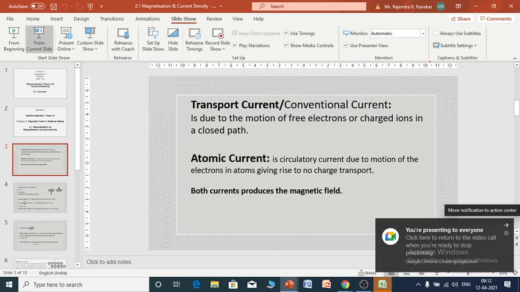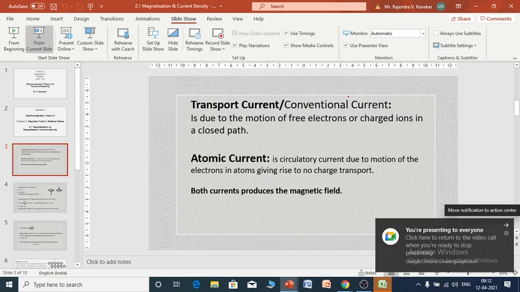Suppose half of the electrons are orbiting in the clockwise direction and half in the anti-clockwise direction. Then half of them have the magnetic moment upward, and the other half will have the magnetic moment downward. So the total will become 0.